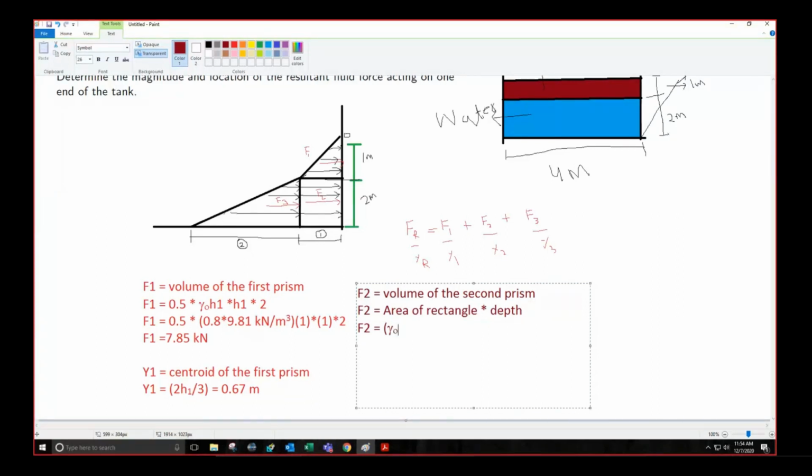gamma oil H1 multiply by H2 is the area of the rectangle into depth, which is 2 meters, right? Is that right? ठीक है, समझ आ गई बात?